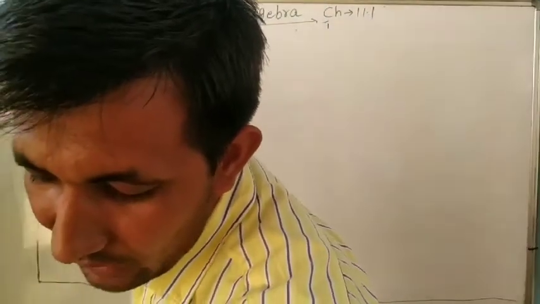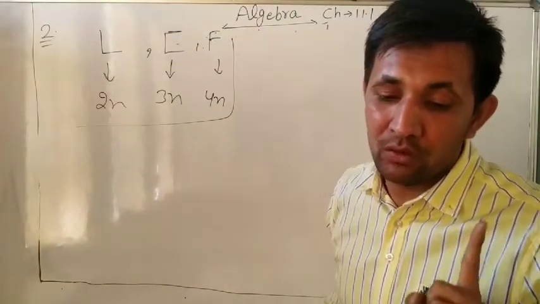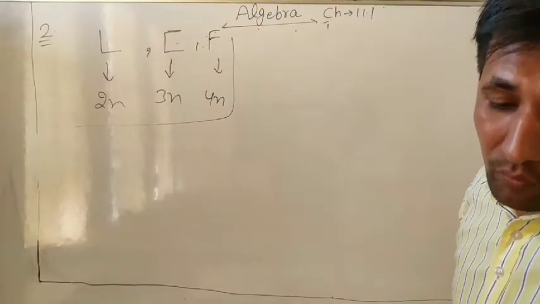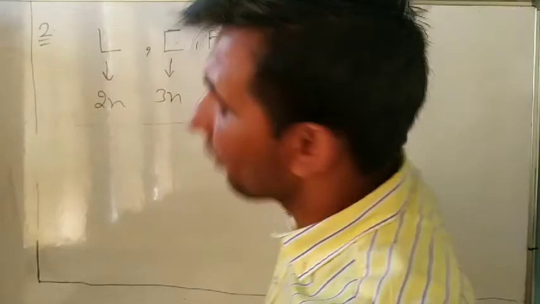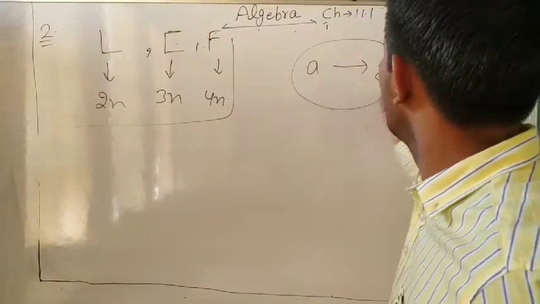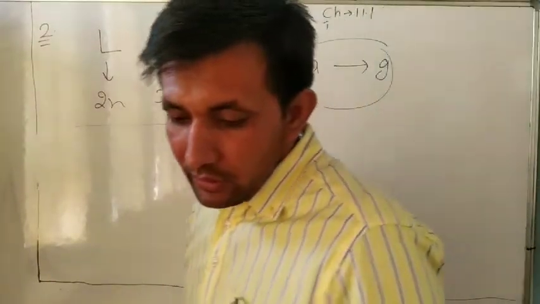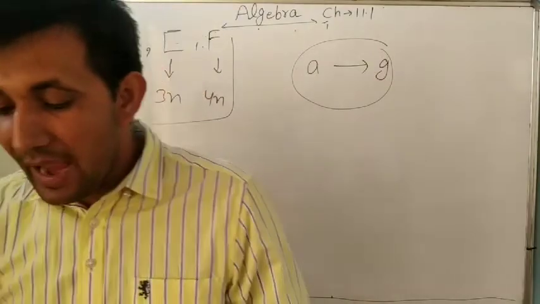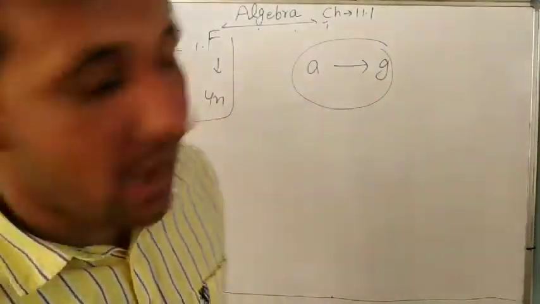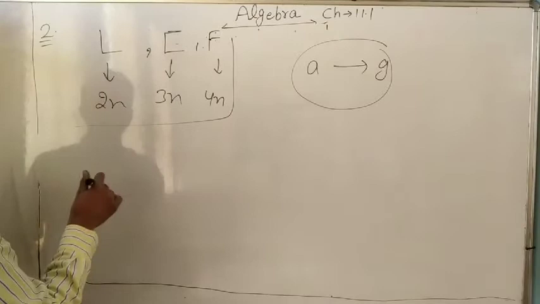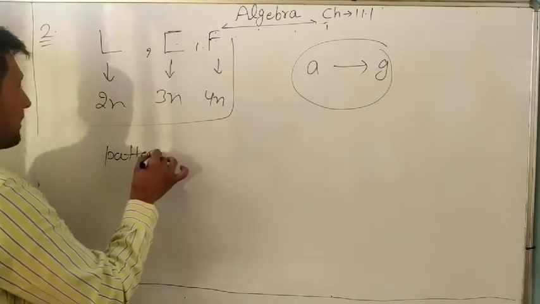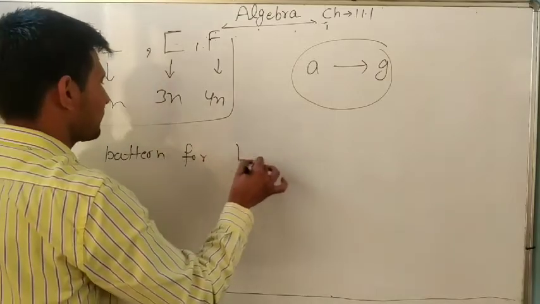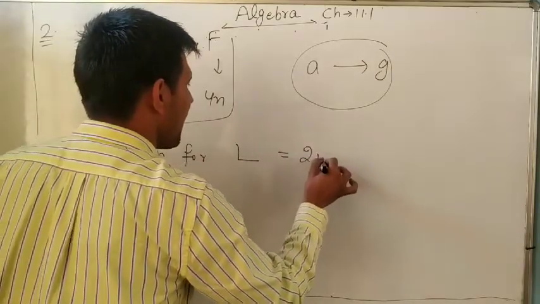But for some of the letters from question 1, the A to G parts, we have to find which give the same rule as that given by L. So first write the pattern for L: 2N.